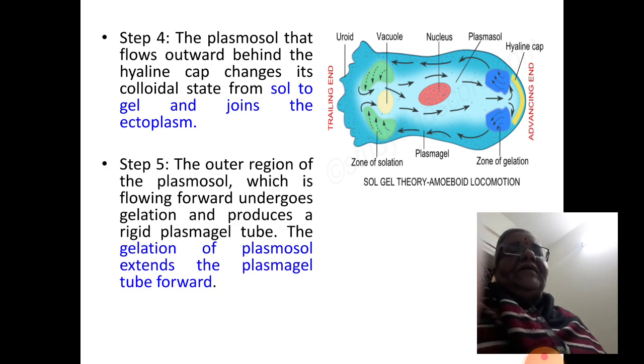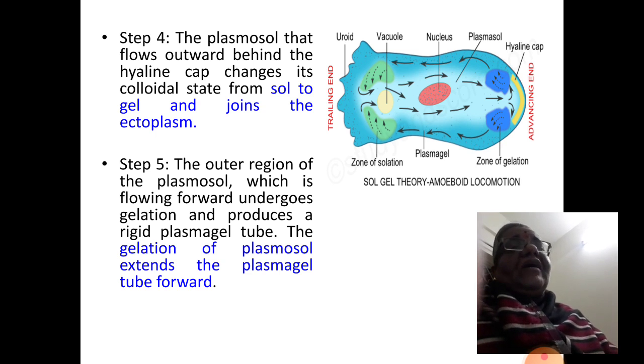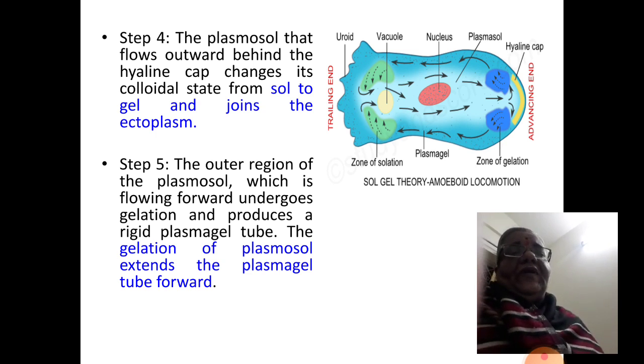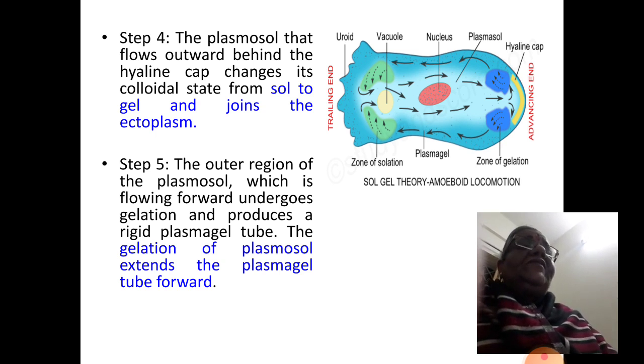Then, step 5. The outer region of the plasma sol, which is flowing forward, undergoes gelation and produces a rigid plasma gel tube. You can see here the zone of gelation, those dark blue regions.